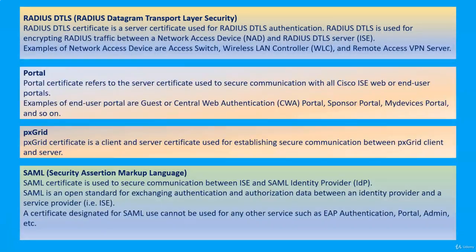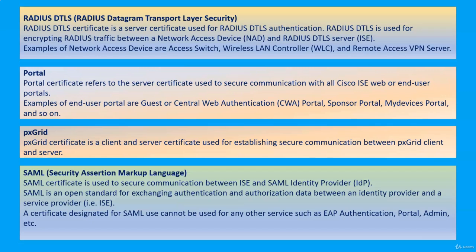RADIUS DTLS certificate is a server certificate used for RADIUS DTLS authentication. RADIUS DTLS is used for encrypting RADIUS traffic between a network access device and a RADIUS DTLS server, which in our case is ISE. Portal certificate refers to the server certificate used to secure communication with all Cisco ISE web or end-user portals.